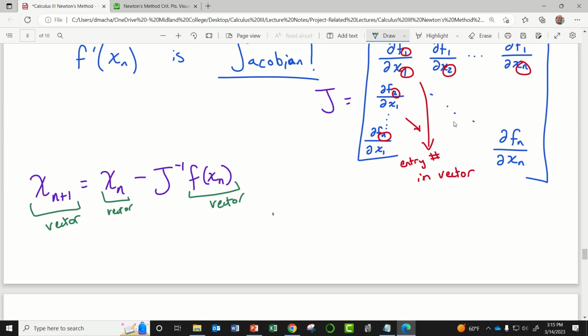All of these vectors have n entries. This J inverse is a matrix. It's the inverse of the Jacobian matrix.